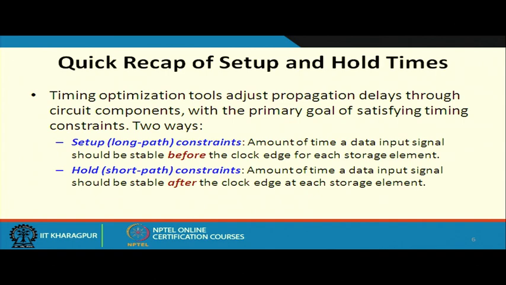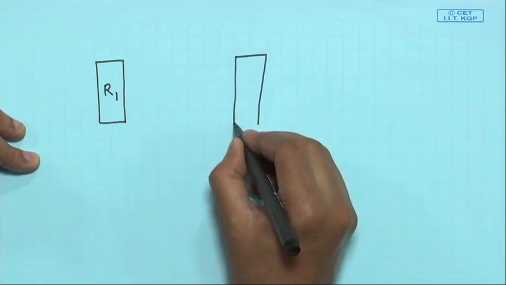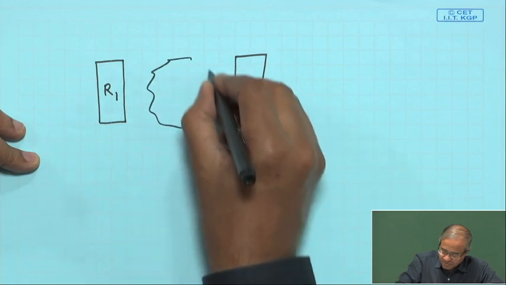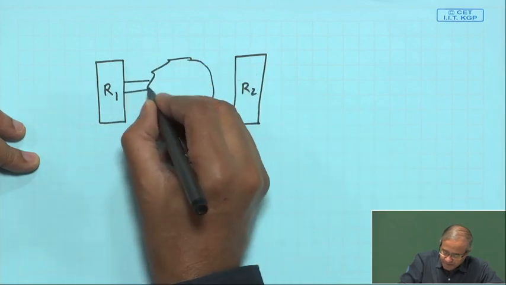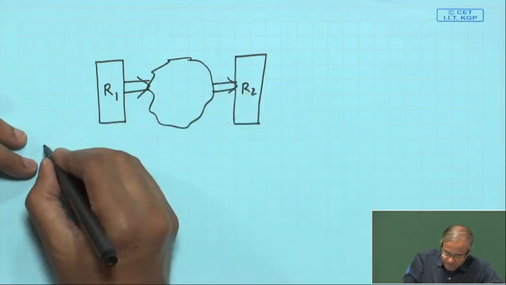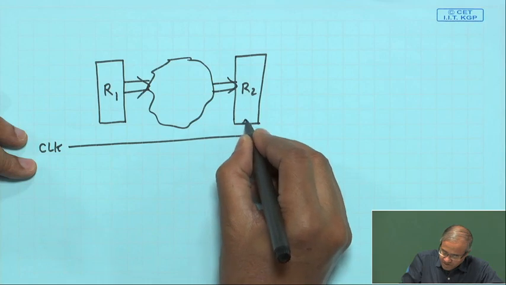Let us say I have a set of flip flops, register R1, and another set of flip flops, register R2, and there is a combinational circuit in between.